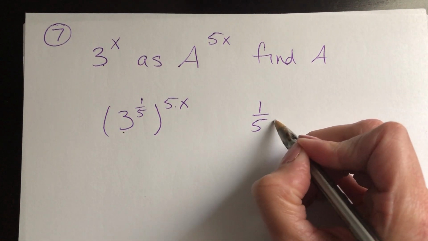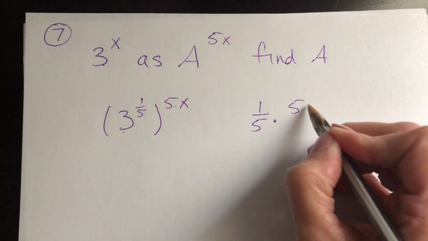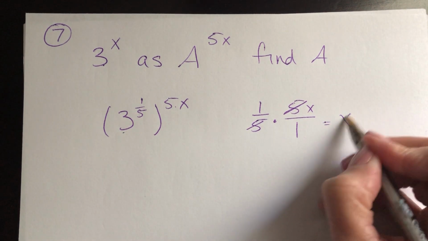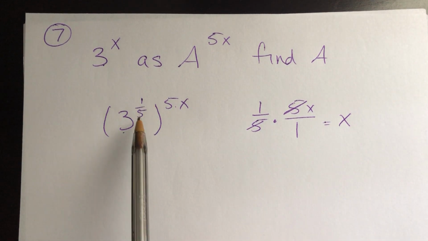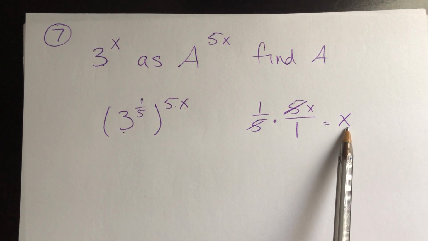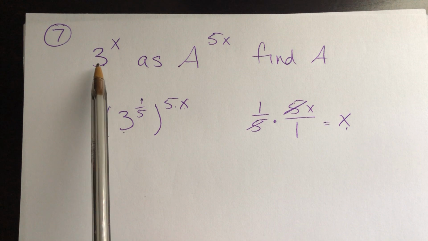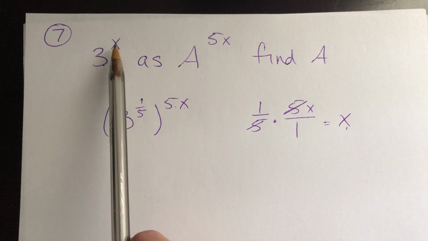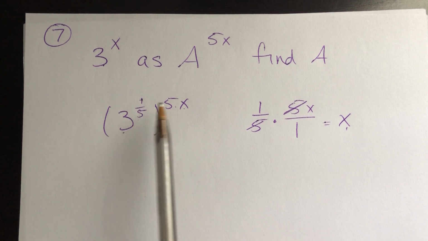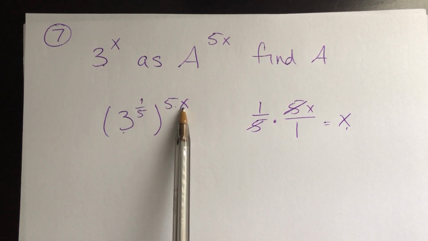So 1/5 times 5x, let's say over 1, those 5's cancel out and you're just left with x. So 1/5 times 5x is the same as just x. So I'm allowed to do that. I'm allowed to say 3 to the x is the same as 3 to the 1/5 to the 5x.